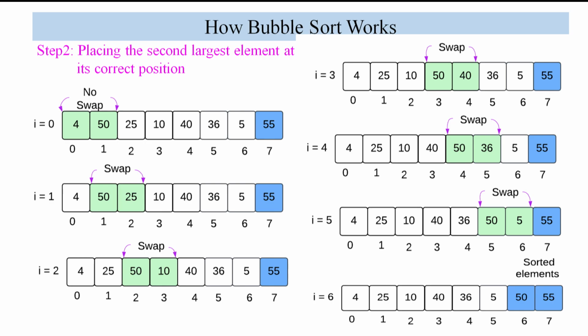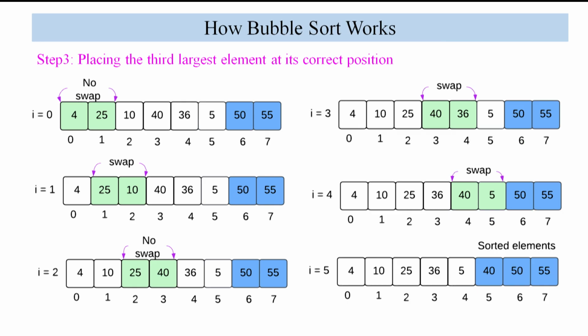Now the next pass starts. Again the same process will be repeated, but now it will be done till the third last location, because the last two elements are already placed at their appropriate places. So in pass 3 or step 3, again the first will be compared with the second, no swapping because 4 is smaller.